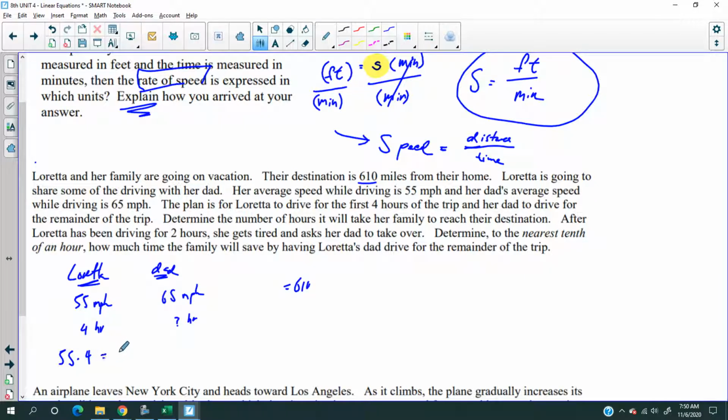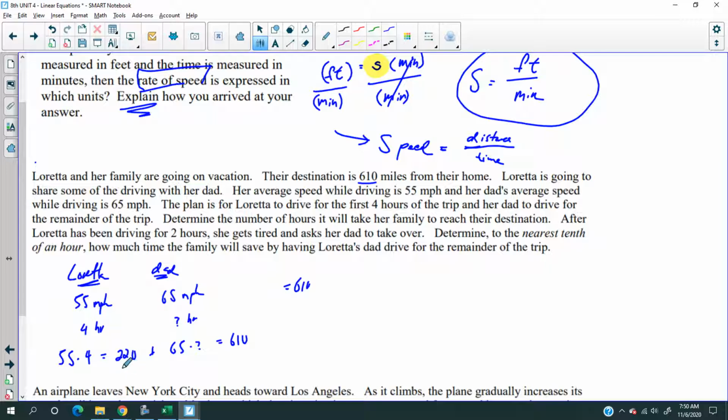So 55 times 4 is 220, is that right? Yeah, 220. So this is 220 what? Miles. Plus her dad, which is 65 times some amount, and that should be 610. Oops, I just made an equation.